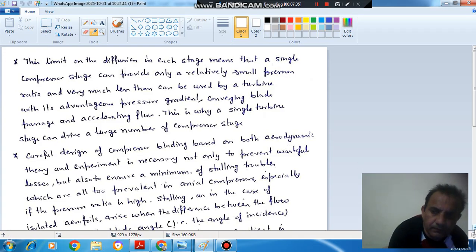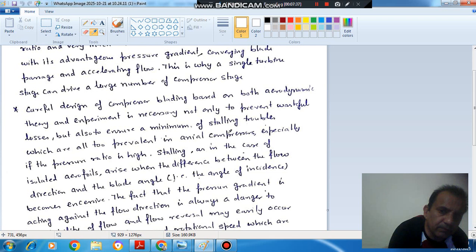Next point: careful design of compressor blading, based on both aerodynamic theory and experiment, is necessary not only to prevent wasteful losses but also to minimize the stalling problem.